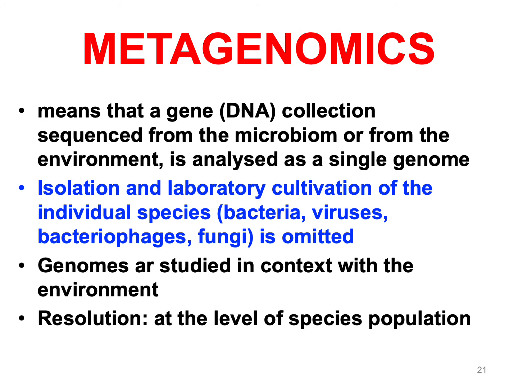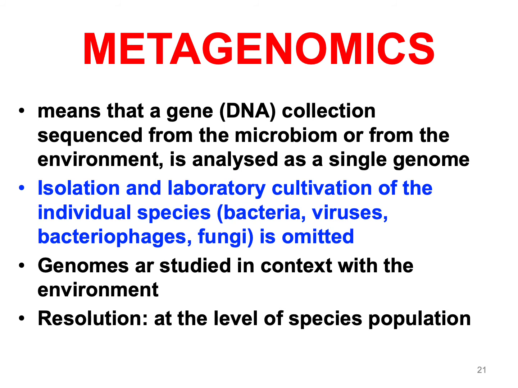And we have to see an extremely new approach in the frame of genomics, and this is metagenomics. Metagenomics means that the genes, the DNA collection, are sequenced. Where does this collection come from?